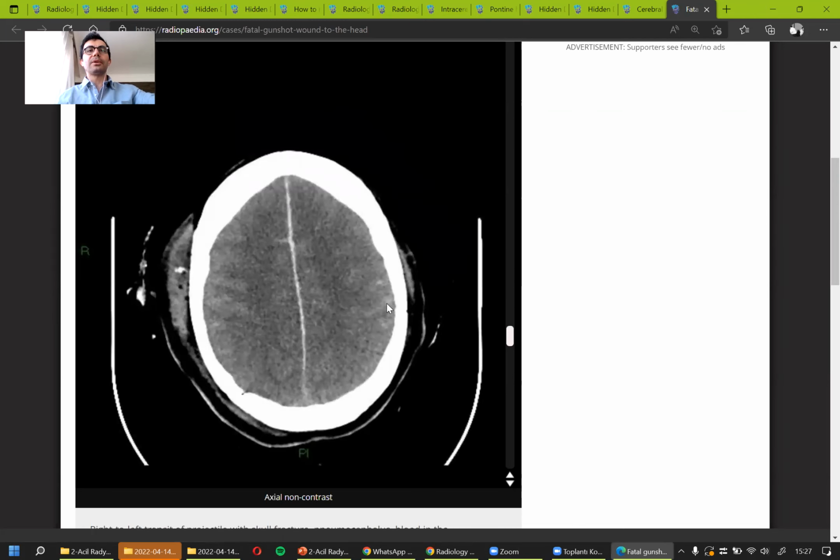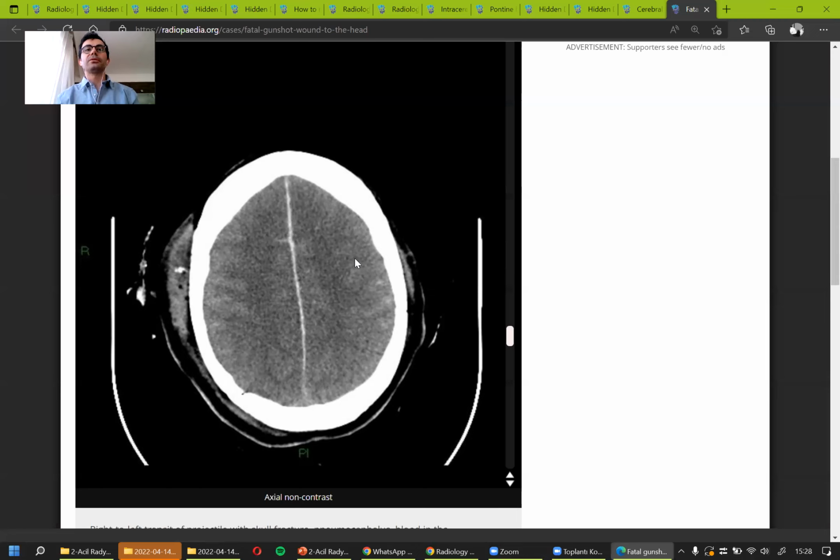One other thing that we can mention is when you look at the parenchyma here, right? There is no trauma here. So we are at the level above the trauma, the superior level. We are seeing the same thing, right? The brain is swollen and it has obliterated all the cerebrospinal space.